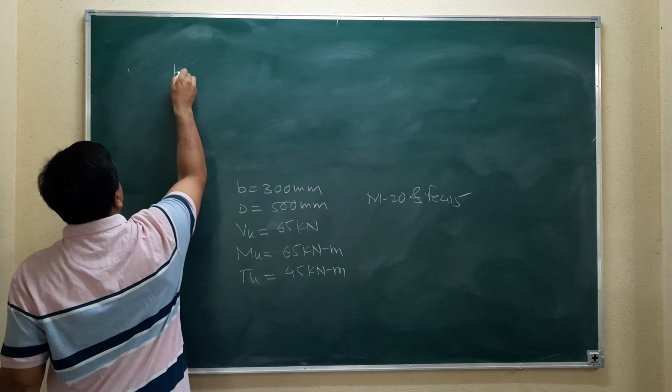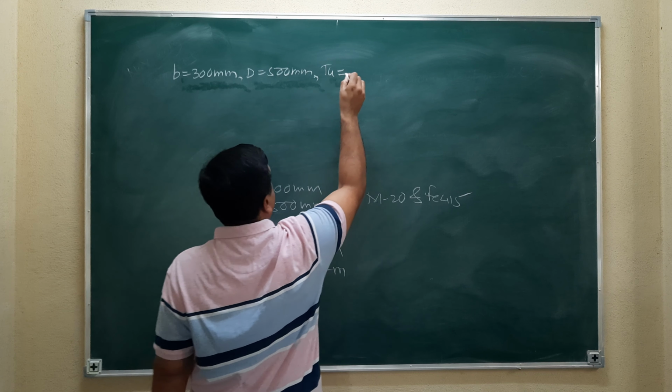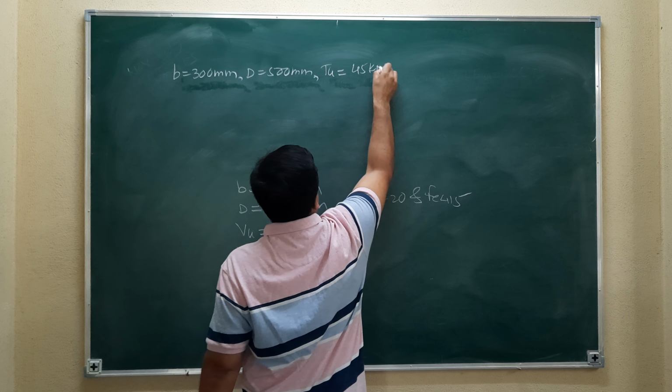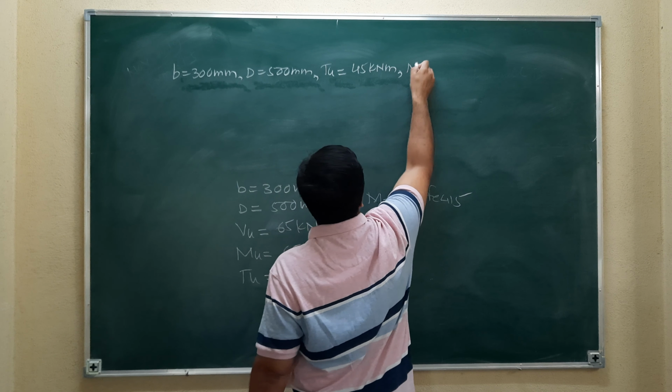Width of section is 300 mm, overall depth of section is 500 mm, ultimate torsional moment is 45 kN/meter, ultimate bending moment is 65 kN/meter, and ultimate shear force is 65 kN.